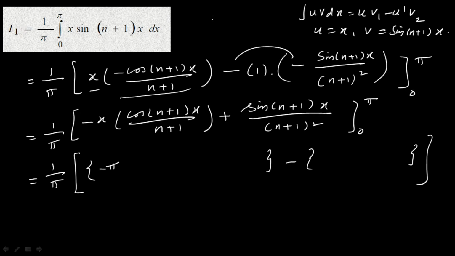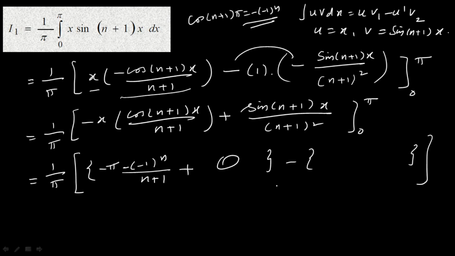As I told you already, cos (n plus 1)pi is minus 1 whole power n plus 1, so I write it here, minus 1 whole power, with the minus to the front, divided by (n plus 1), plus sin (n plus 1)pi. You know the value of sin (n plus 1)pi is 0. Coming to the lower limit, minus 0. Replace x by 0: 0 into anything is 0, so the first term becomes 0, plus sin 0 is also 0.